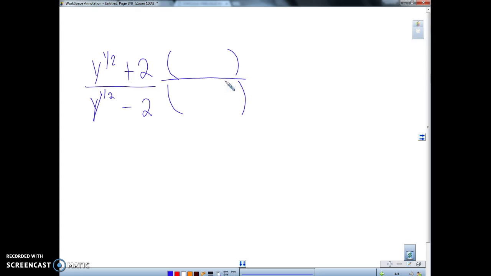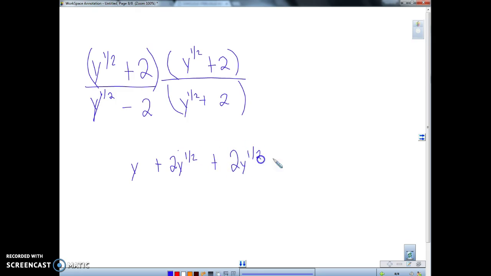So now that you're finished working the problem, hopefully, we need to multiply the top and bottom by the conjugate of the denominator. So on the numerator you FOILed, so you had y to the 1/2 times y to the 1/2 is y. You had plus 2y to the 1/2 plus 2y to the 1/2 plus 4.